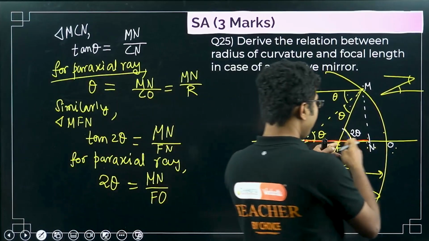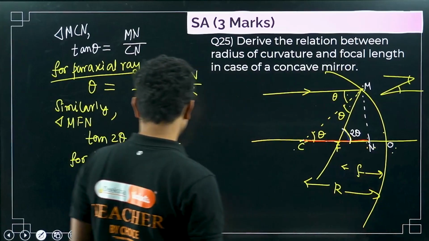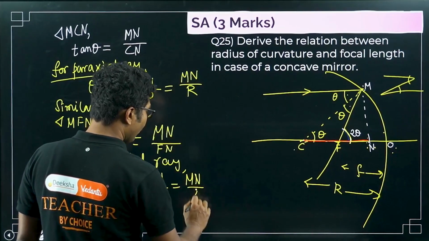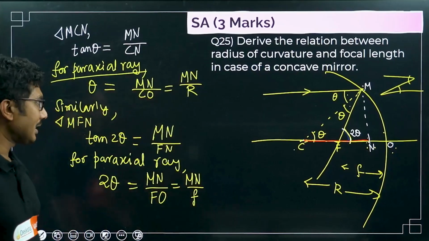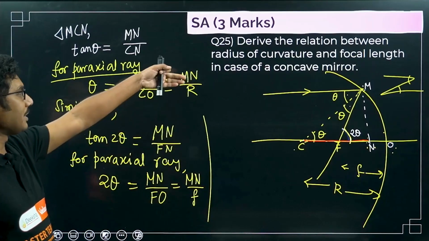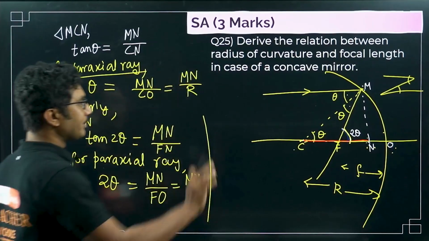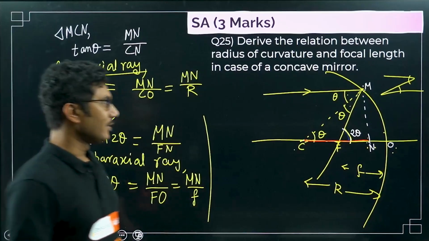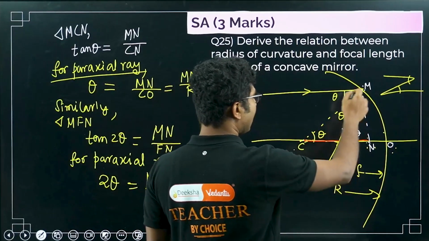Why FO? FO is basically the focal length, right? So that is our objective. In our hidden mind, we have to remember what our objective, what our agenda is. We want to establish some relationship between R and F. So we will only consider the triangles which involve R and F. Do not ever consider this small triangle. This is not required.